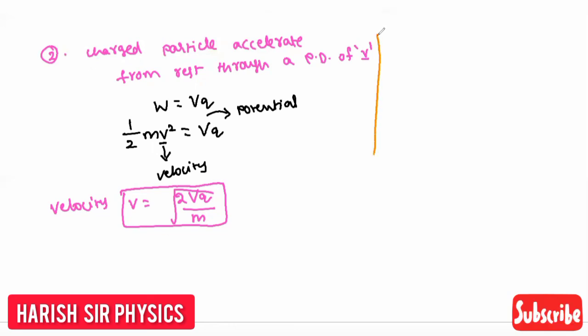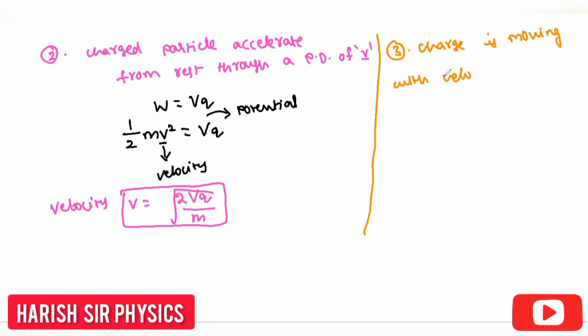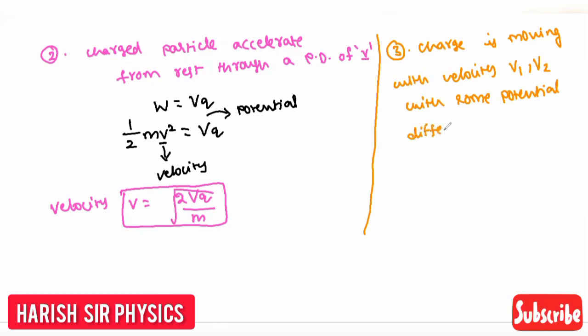And one more note point. Suppose a charge is moving with velocities V1 and V2 with some potential difference at different endpoints.